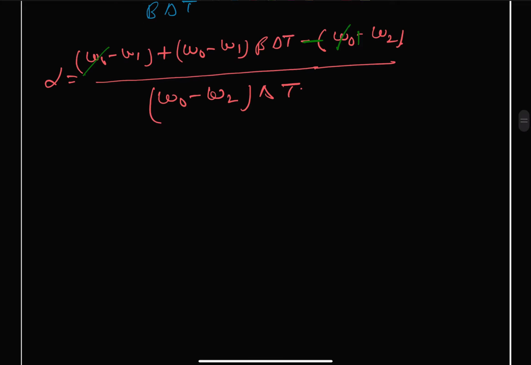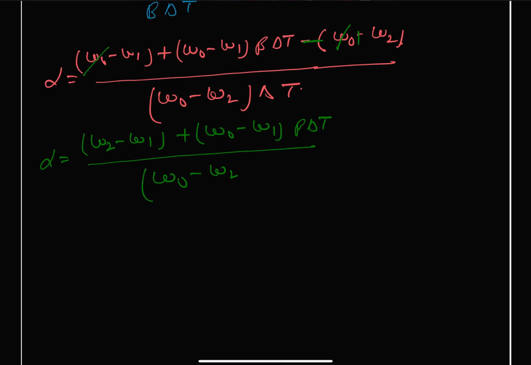So we get alpha is equal to (W1 minus W2) plus (W0 minus W2) beta delta T, divided by (W0 minus W1) times delta T.